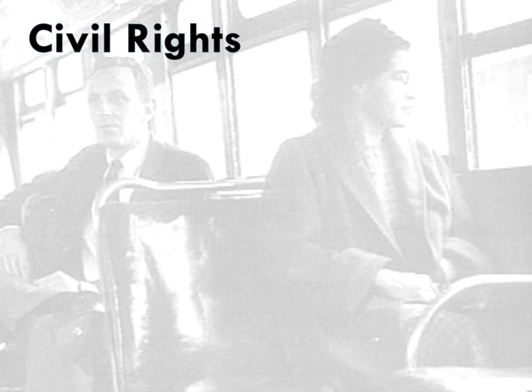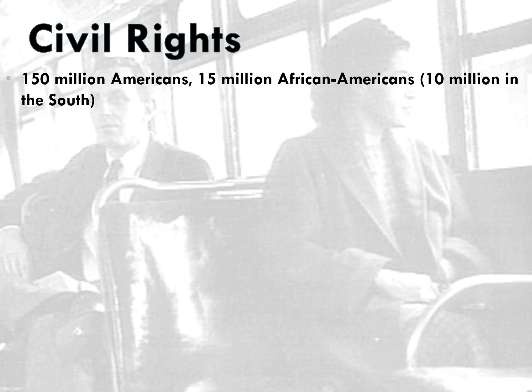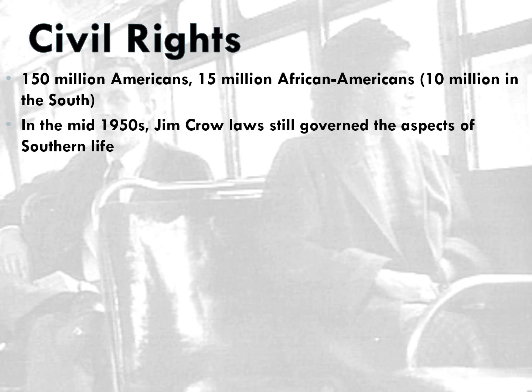Also in the 1950s, you have the start of the civil rights movement. I'm sure most of you recognize the picture of the young lady that's on that bus right there. But let's take a look at some demographics here with regards to civil rights. 150 million Americans in the 1950s, 15 million African Americans, of which 10 million are still in the South, which means their life is kind of ruled by Jim Crow laws.